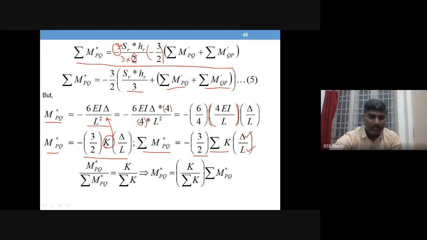Right. So now if you divide this and this, m star pq divided by sigma m star pq, minus 3 by 2 cancels out and delta by L cancel, it will be k by sigma k. Then from this I can write m star pq is equal to k by sigma k into sigma m star pq.